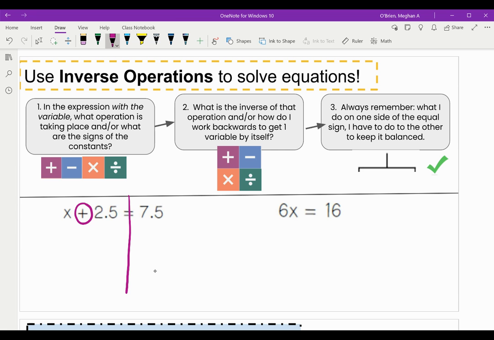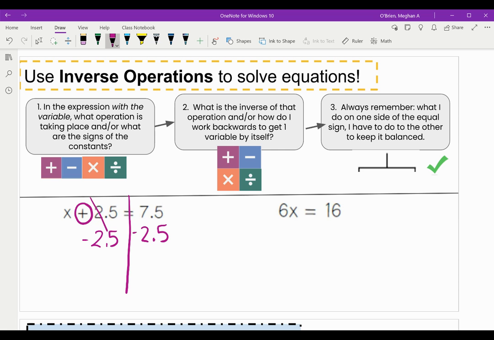I want to unravel what was done to the X. So I'm going to take away the 2.5, right? I'm working backwards. And step three, what I do to that side of the hanger or the equation, I have to do over here. So I'm going to subtract 2.5 over on that side. So this 2.5, and then I take away the 2.5.